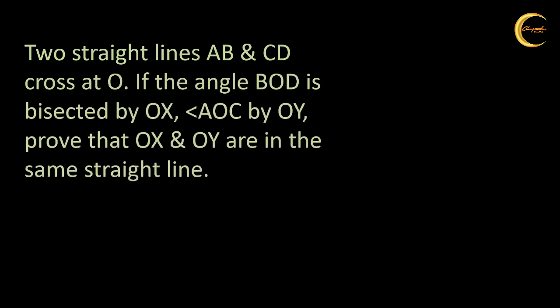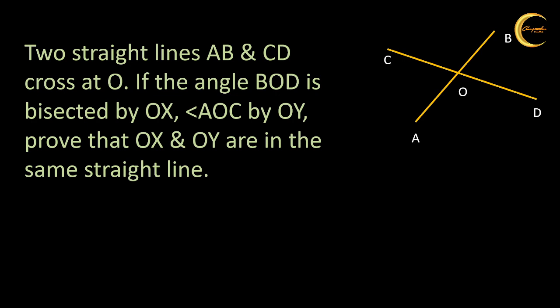So let's see our next exercise, and all exercises are related to theorem 2 and theorem 3. Okay. Now again, two straight lines AB and CD, the same problem but in a different way.